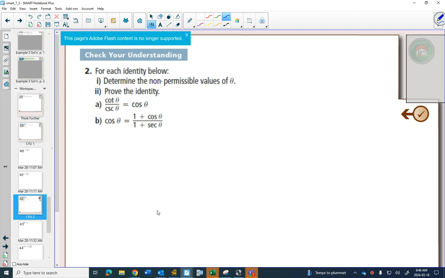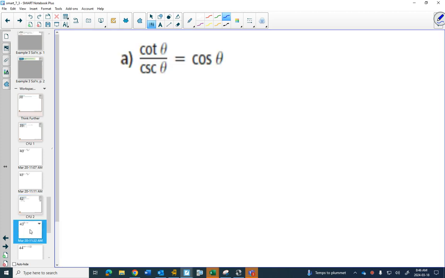We're actually going to start with the prove part because the second, non-permissible values, is actually easier once you've done the proof. So again, format for proof: you rewrite the question and draw a line separating the left side and the right side. We've learned some strategies so far. One of the strategies was if we can change things to either sine or cosine, usually that makes it better.